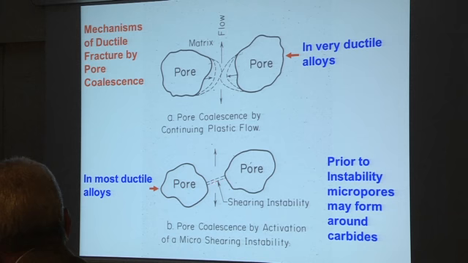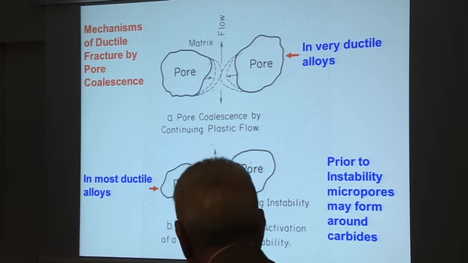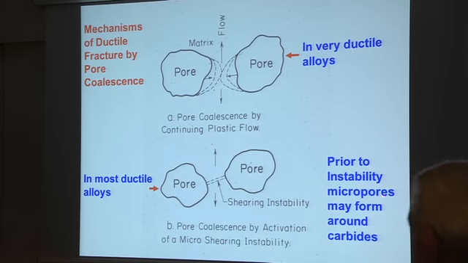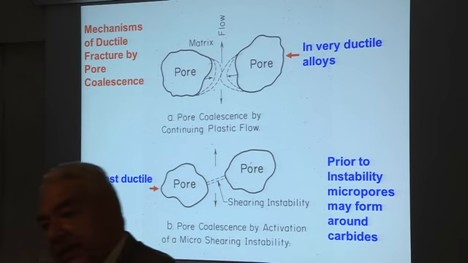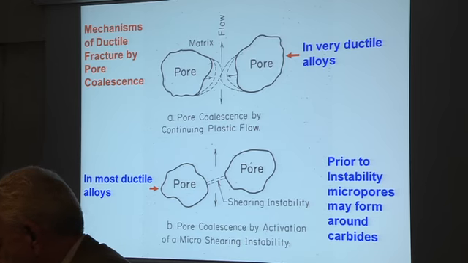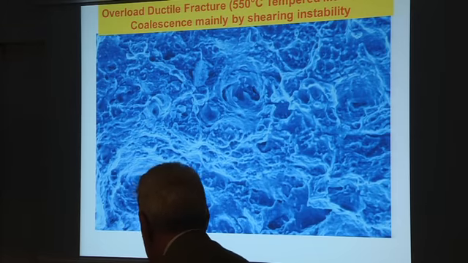And sometimes you see that prior to the development of the instabilities, tiny micropores may form around the carbides that are present in the matrix. That is what we are going to see.